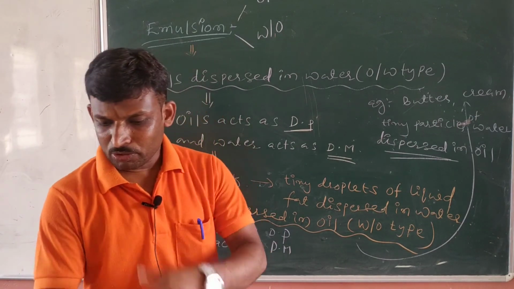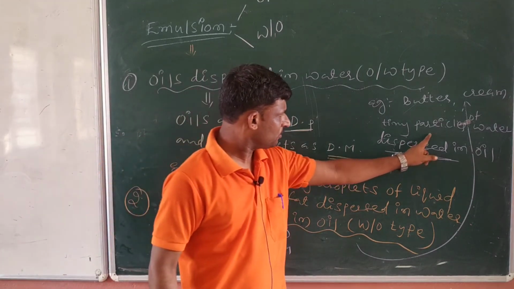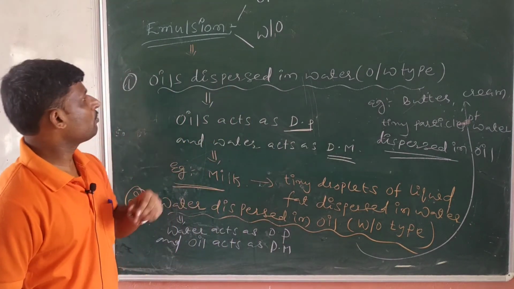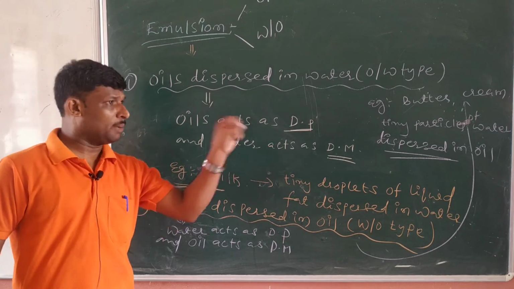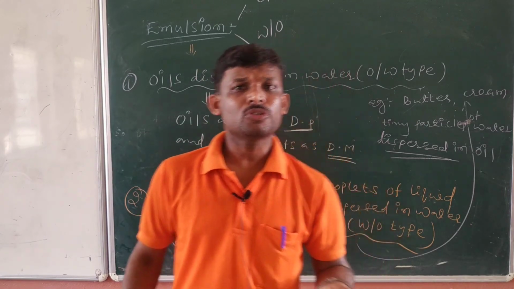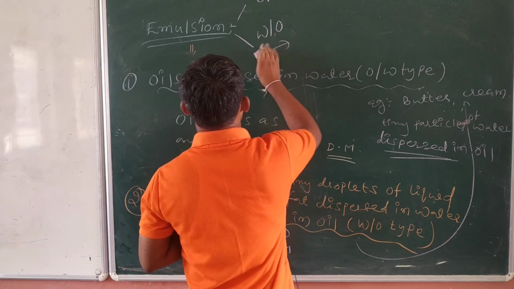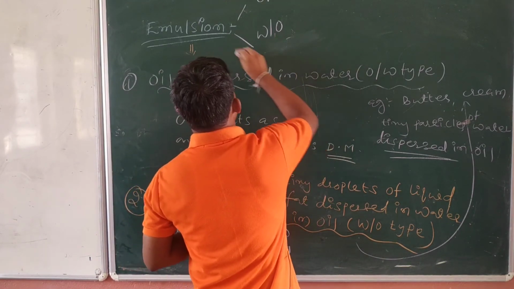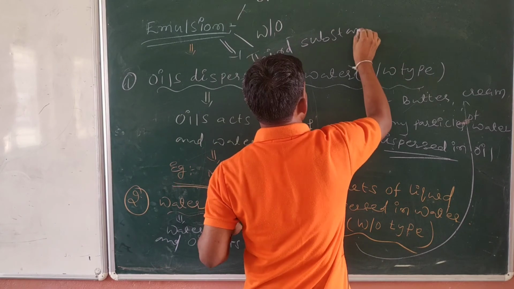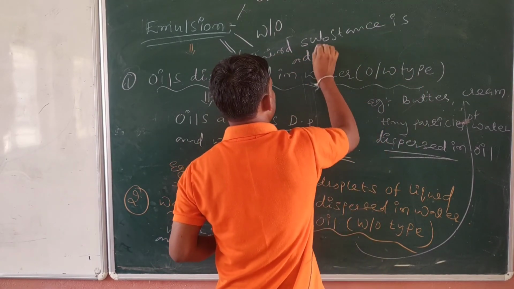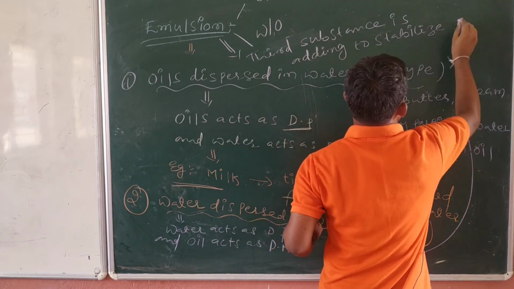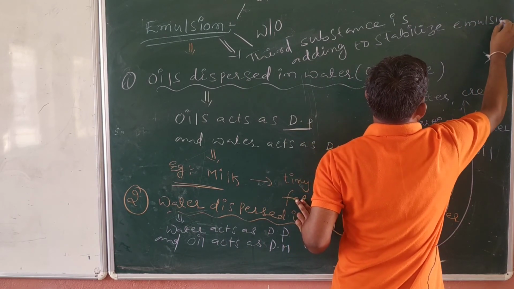Butter, cream, and grease also come under this. Generally, when we make an emulsion, these are unstabilized, so for emulsification a third substance is added to stabilize the emulsion.